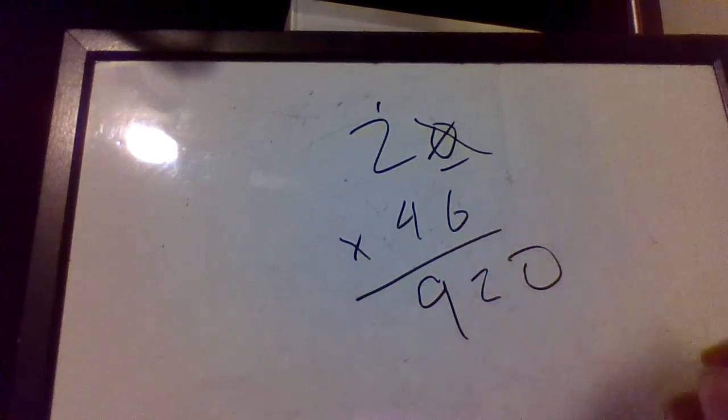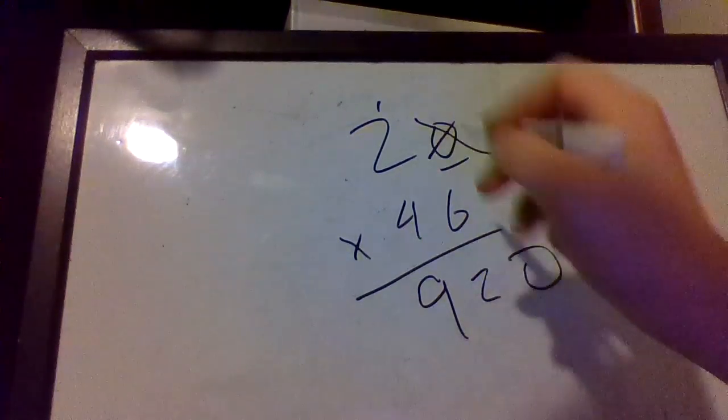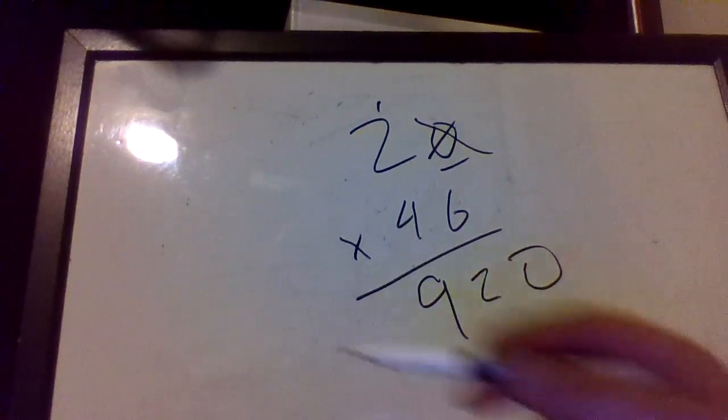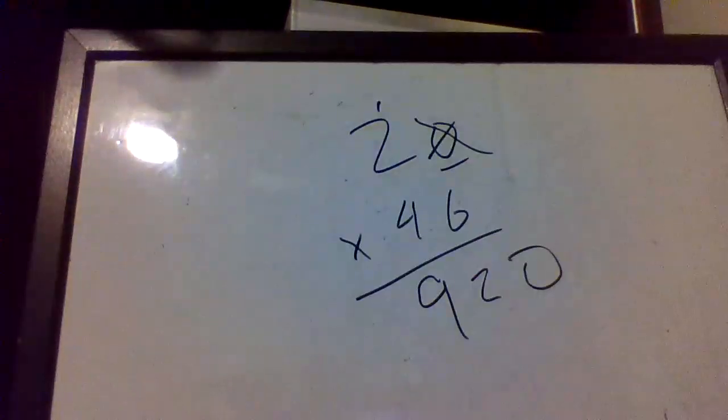So the answer to 20 times 46 is 920. And as you can see, that took us way less time. So if you ever see a problem that has a 0 at the end, then you can always do that.